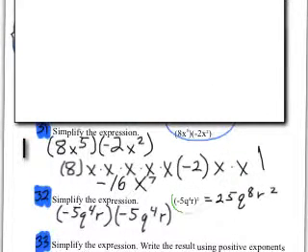So for this problem, in parentheses negative 5q to the 4th r, since the whole parentheses is to the 2nd power, you can multiply the 2 times the exponent of each one. The negative 5 has a 1 exponent, so the whole negative 5 gets a 2 exponent, which means negative 5 times negative 5 is 25.